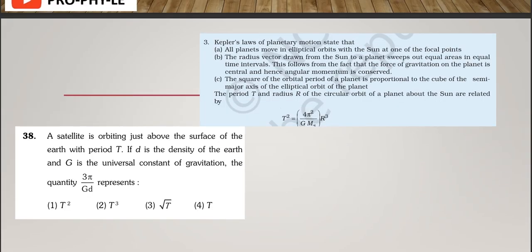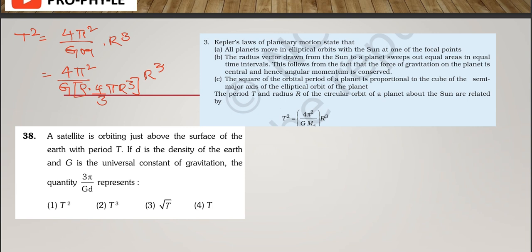Now look at this question. This is from gravitation, that is from Kepler's third law. We are having T square is equal to 4 pi square by GM into R cube. Our mass we can write like this: 4 pi square by G into density into volume, that will be 4/3 pi R cube, into R cube.